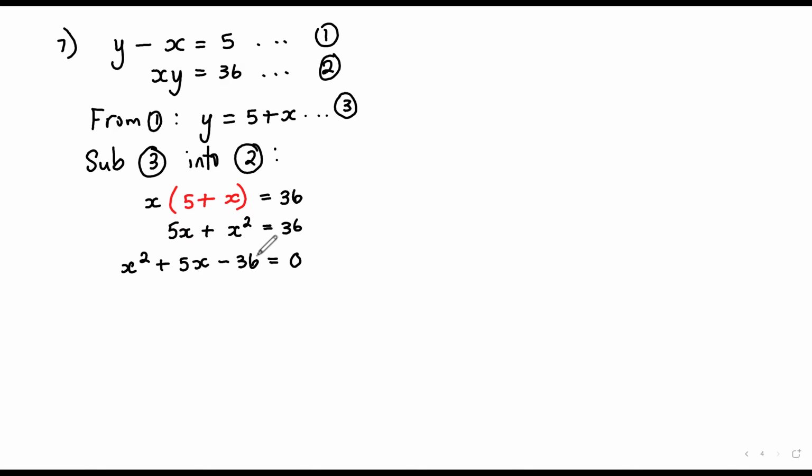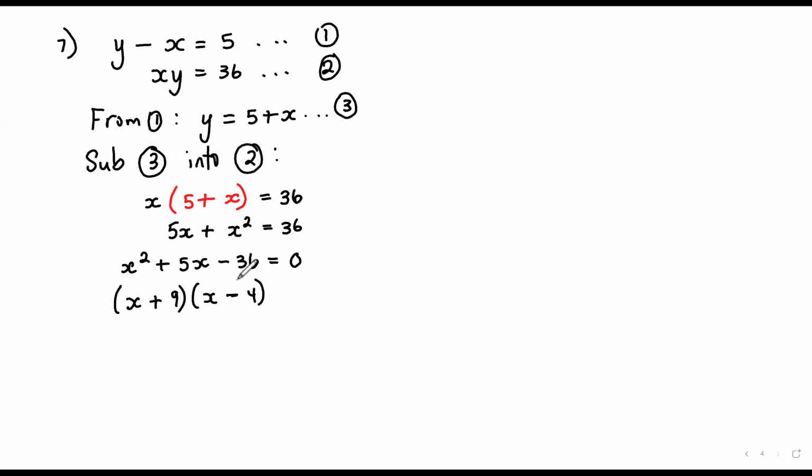And I'm thinking which two factors of 36 will add or subtract to give me 5, and at the same time multiply to give me minus 36. And they will be 9 and 4. 9 times 4 is 36. 9 take away 4 is 5. So it'll be x plus 9 by x minus 4.